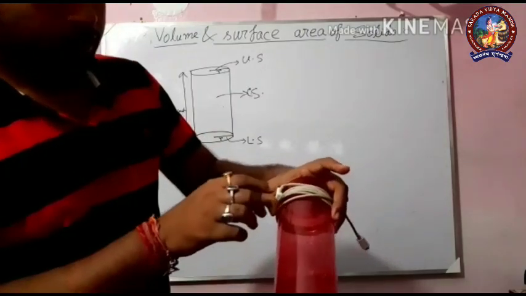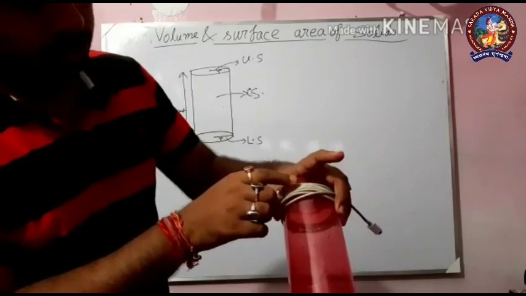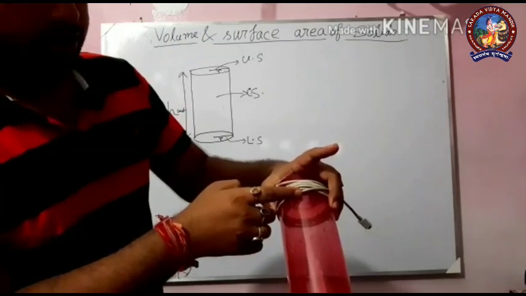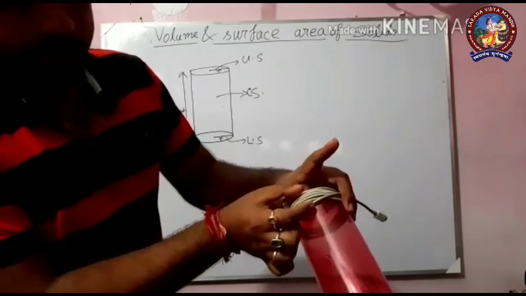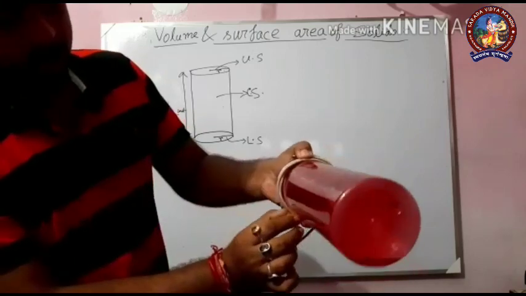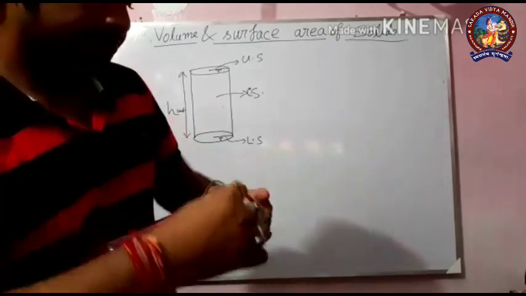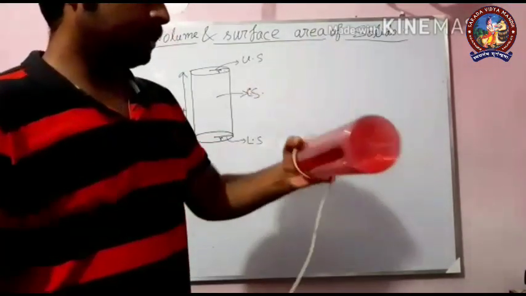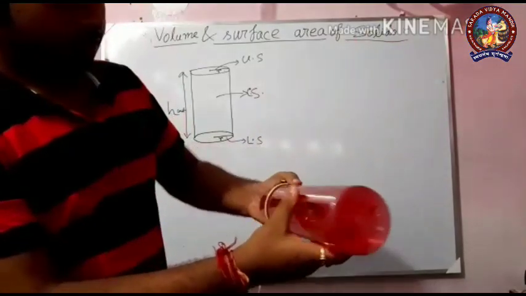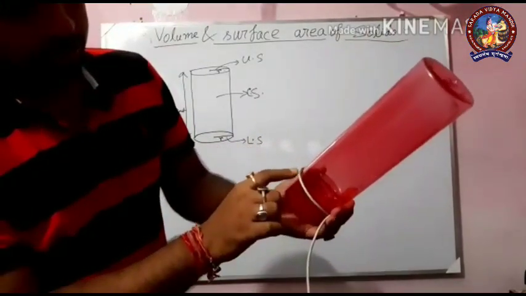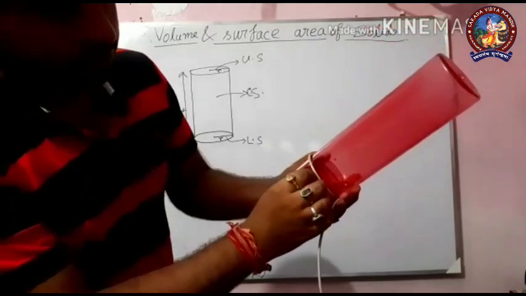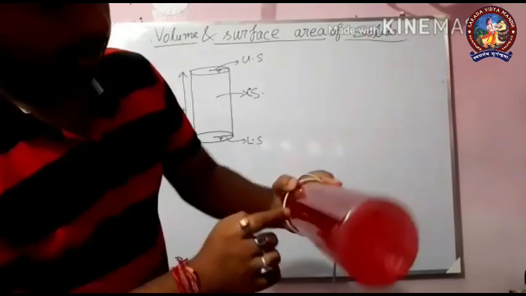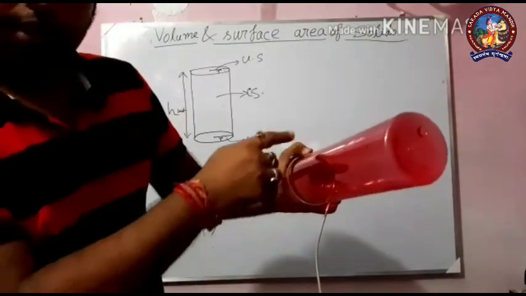So see, I have just rolled 1, 2, 3, 4, 5 and 6 times, and this has covered this total area. But when I was covering it only one time, it was covering only this much area, right? And the wire is in a circular shape, right?